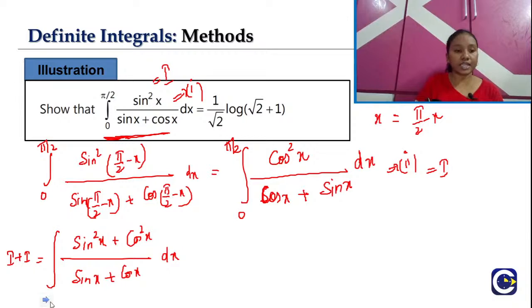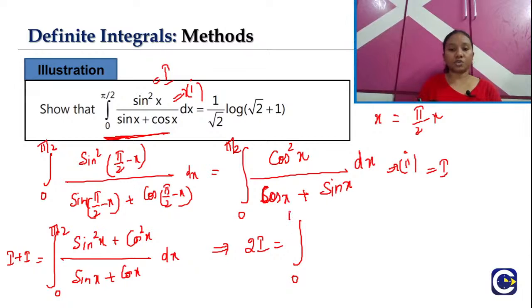So now it is integration from limit 0 to pi by 2 of the function sin square x plus cos square x divided by sin x plus cos x. So now it will be 2I, and then integration from 0 to pi by 2, the numerator will become 1, dx will be here, and then the denominator sin x plus cos x.